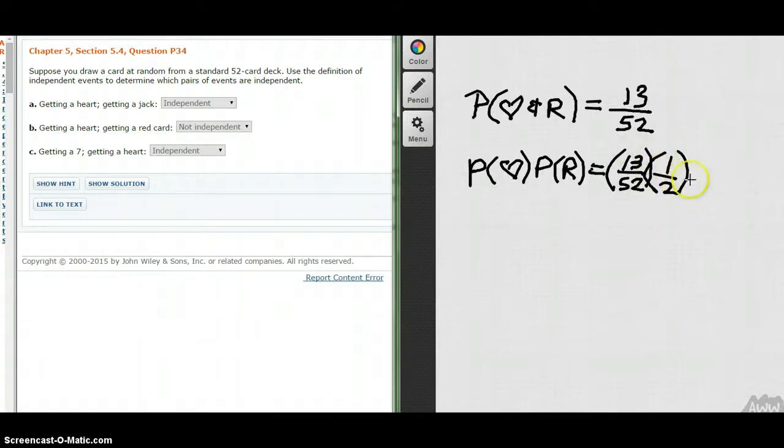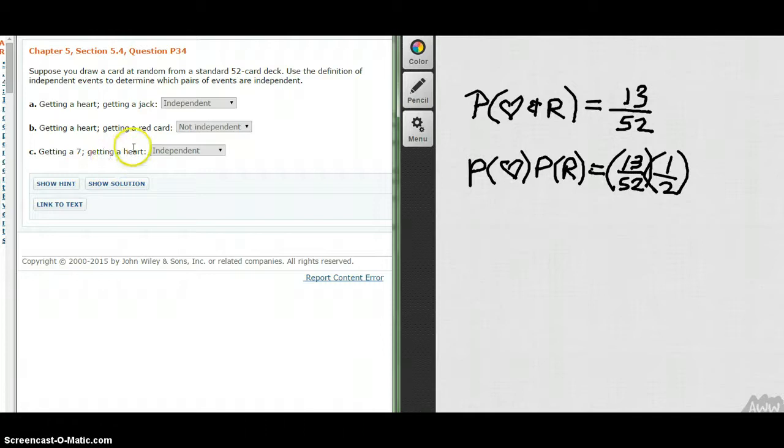So if, when we multiply it out, it equals this fraction right here, then it is independent. But we can quickly see that it's not, because we see this same fraction appearing right here, and then we're multiplying by half. So we're only going to have half. We're going to end up with 13 over 104, which is much less than 13 over 52. It's half of it, to be exact. But it's certainly not equal here, so they are not independent.